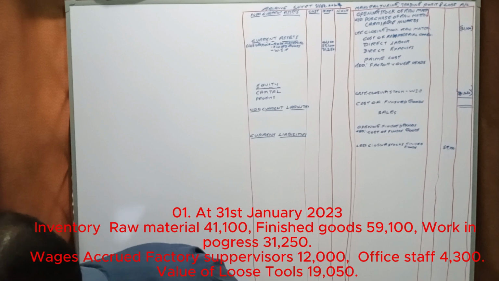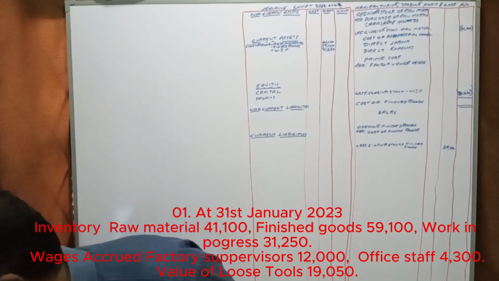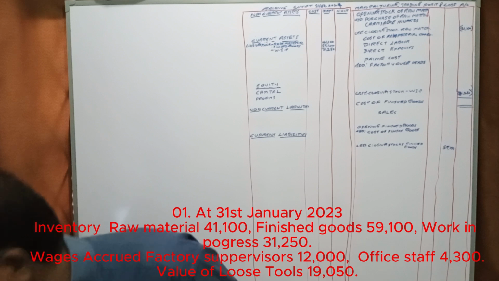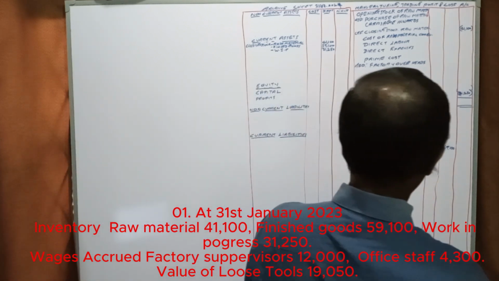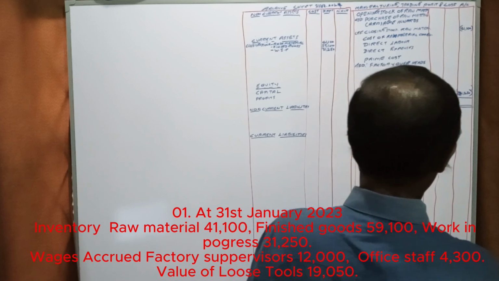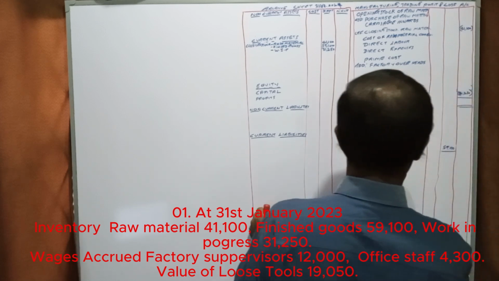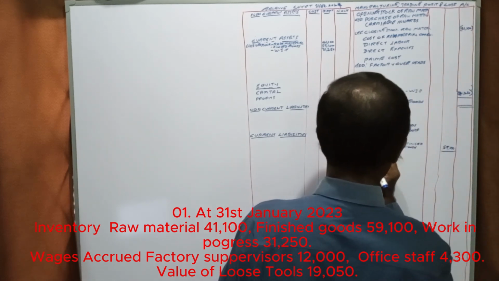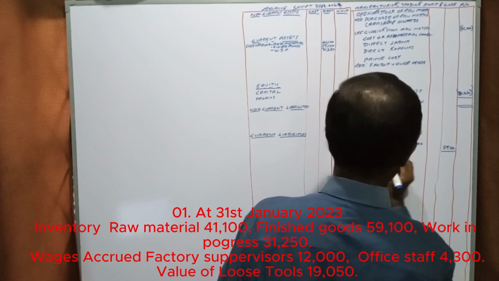And wages accrued: factory supervisors 12,000, office staff 4,300. After deducting the closing stocks, you will get the gross profit.